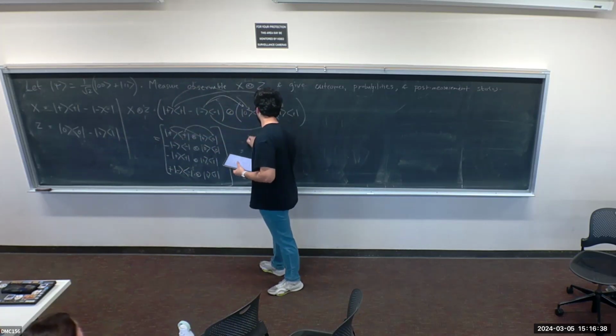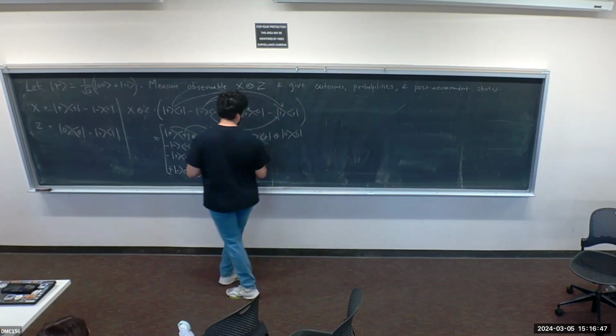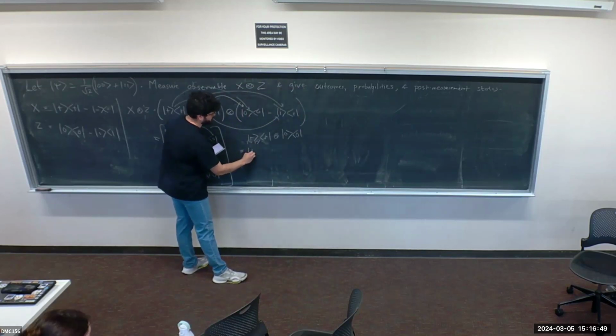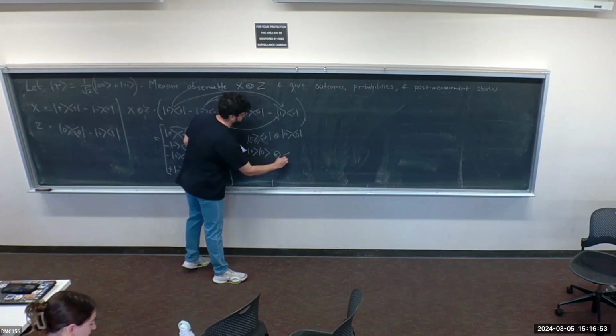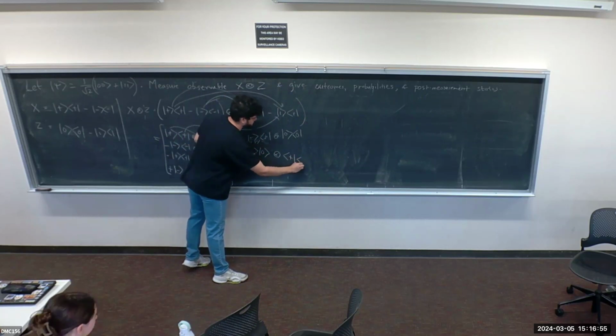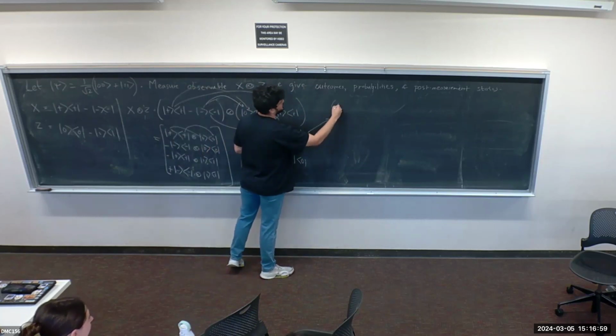So if you have the outer product, the tensor product of plus plus, this will become this, from the property of tensor product.